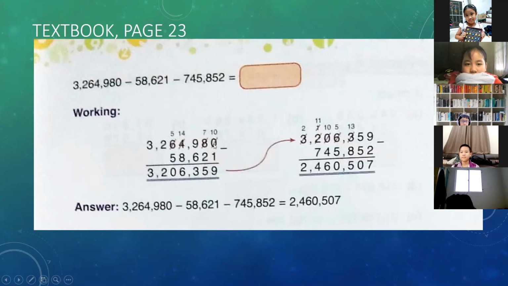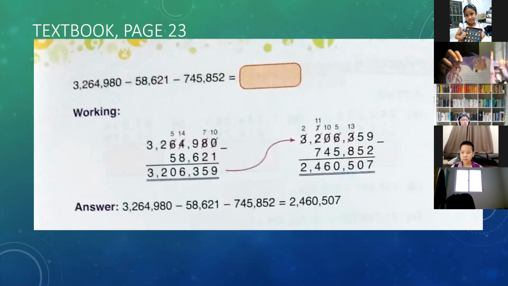Okay, so 0 becomes 10. 10 minus 1 equals 9. 8 becomes 7 because we borrowed 1. So 7 minus 2 equals 5. We didn't borrow, so 9 is still 9. 9 minus 6 equals 3. 4 cannot be subtracted by 8 because 4 is smaller than 8.